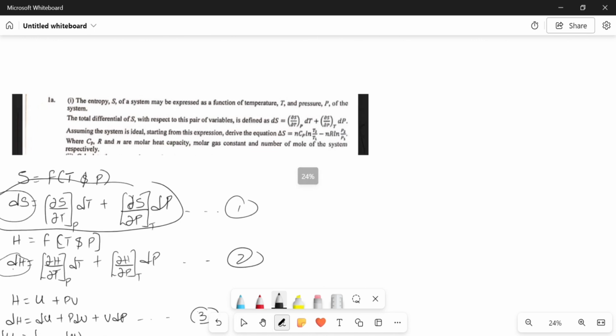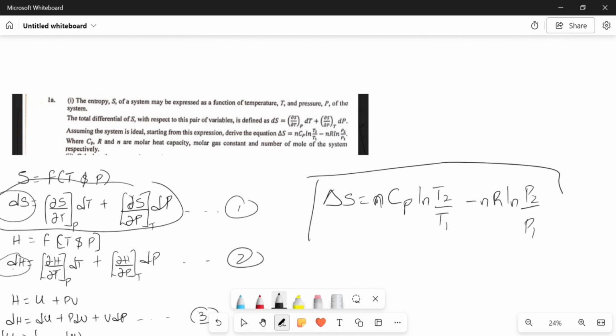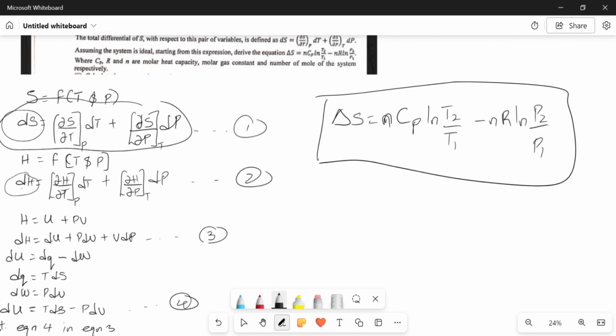It said get change in S to be equal to nCp ln T2 over T1 minus nR ln P2 over P1, and that's what we actually got. So check it out.